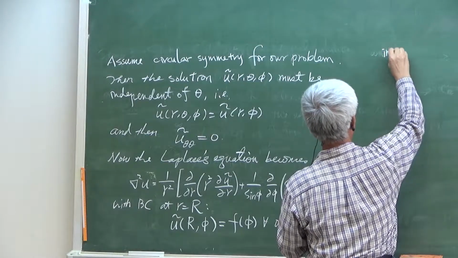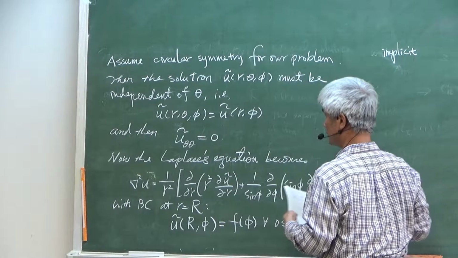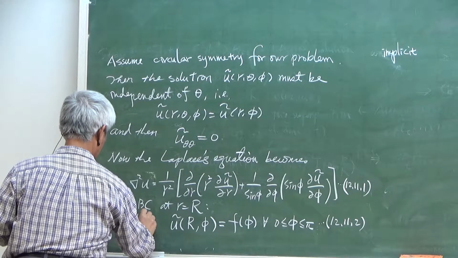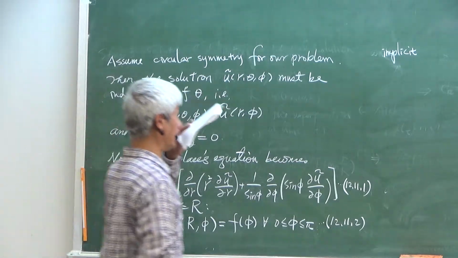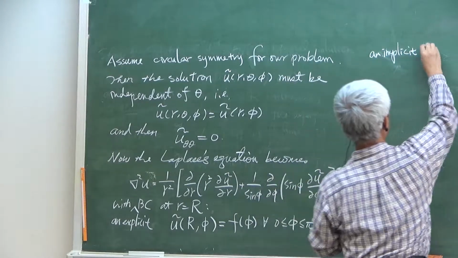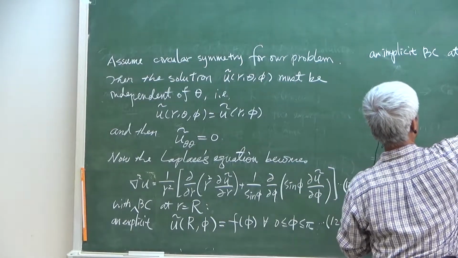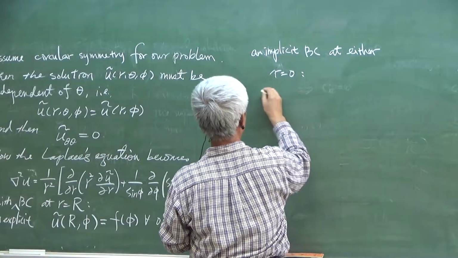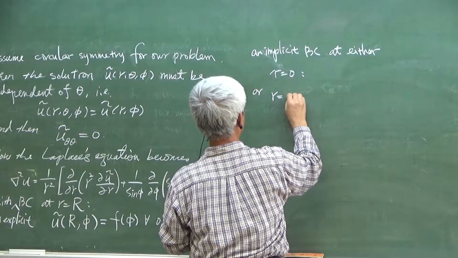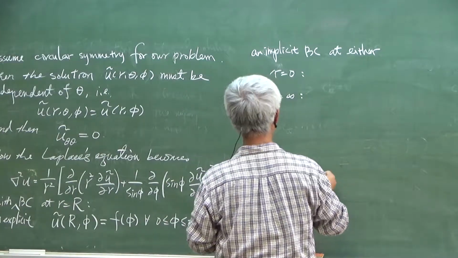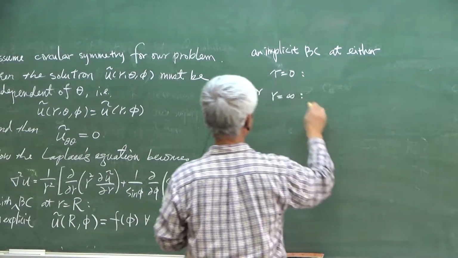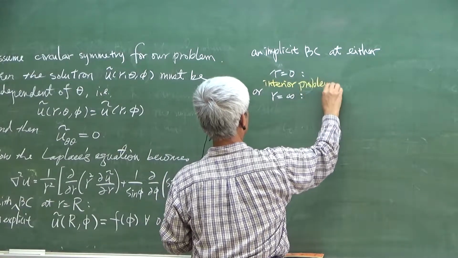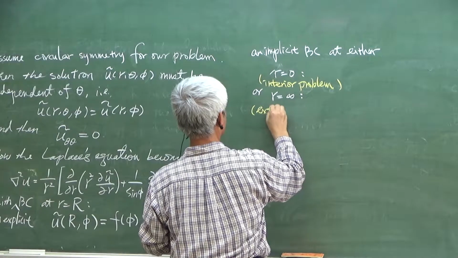There is an explicit boundary condition at R, and an implicit boundary condition at either r equal to 0 or r equal to infinity. For the interior problem, this is for interior. I will explain that for exterior.